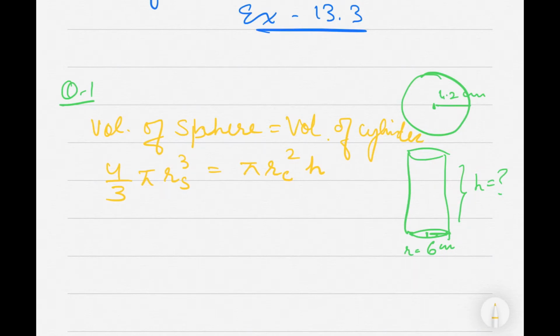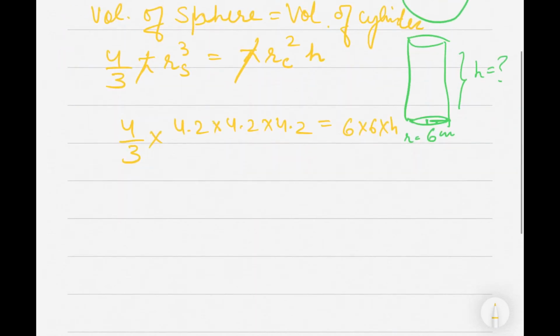When I compare these formulas, pi will get cancelled and everything else will be the same. So 4 by 3 into radius of sphere, which is 4.2, so 4.2 into 4.2 into 4.2, is equal to 6 into 6 into h. Now height will be equal to 4 by 3 into 4.2 into 4.2 into 4.2, divided by 6 into 6.